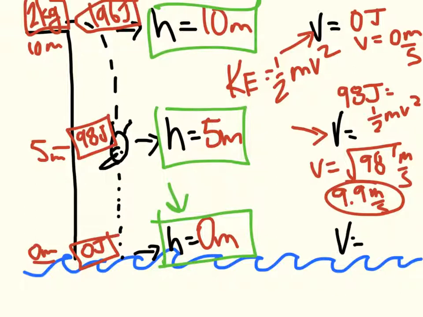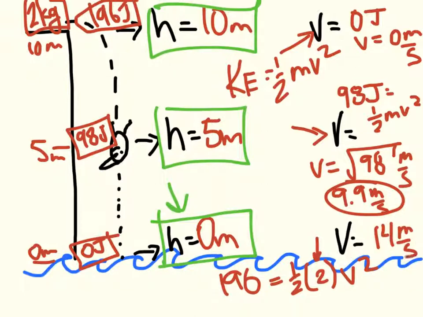And then when Mr. Penguin hits the water, we knew that his kinetic energy was 196 joules. So we would set that equal to 1/2 mv squared. And the square root of 196, I think, is 14 meters per second.